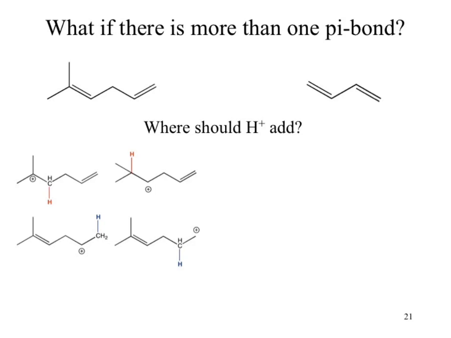Okay. So now that you've got them all drawn out, we want to try and evaluate of those, where would we prefer to have the carbocation? Which of those generates the most stable carbocation? The top left, because we have tertiary, whereas the one next to it is secondary, and the one immediately below or next to that one, primary.